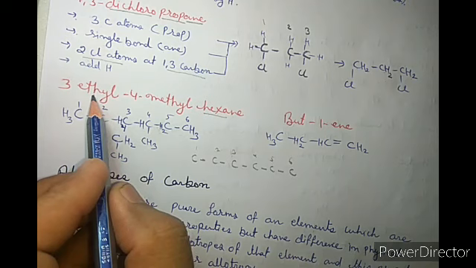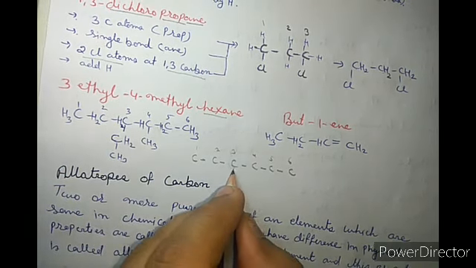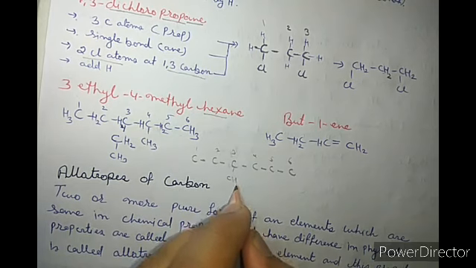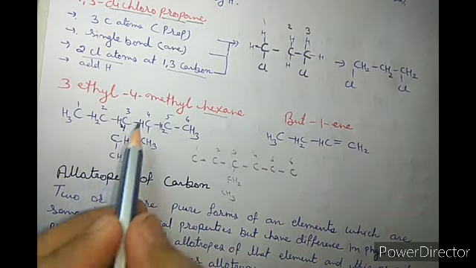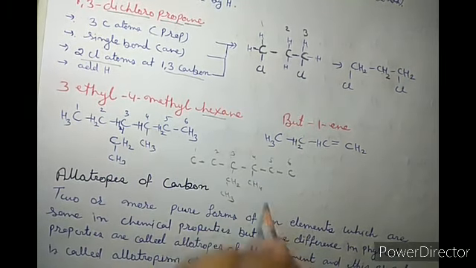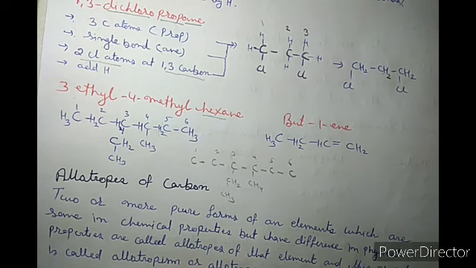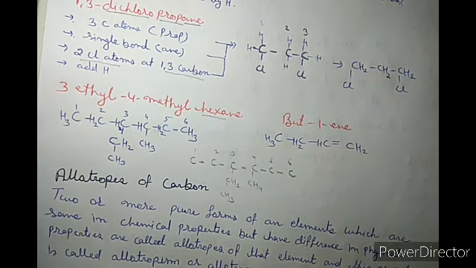Now the ethyl group is attached on the third number, that is CH2CH3, and methyl on the fourth, that is CH3. Okay? 3-ethyl 4-methyl.